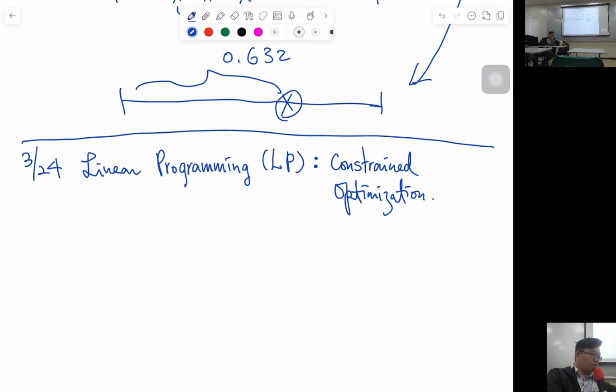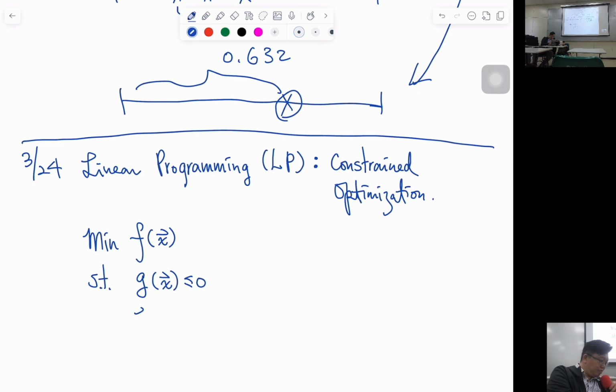Okay, so back to constraint optimization. So let's write down a general formulation. Okay, so this is the general form, and every function in here can be nonlinear.